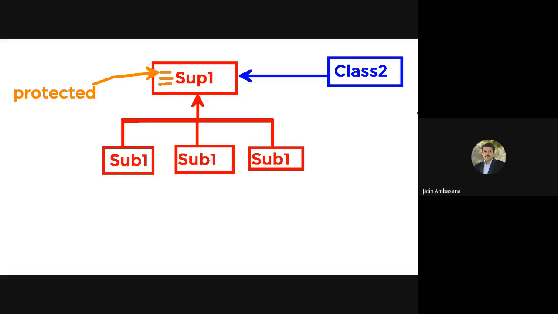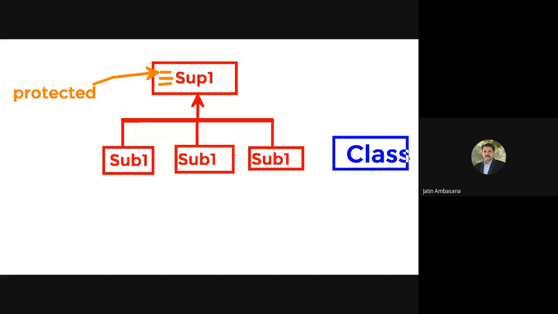It will not be able to access these protected values unless this class becomes a subclass of this superclass, although it may be in a different package. That doesn't matter.